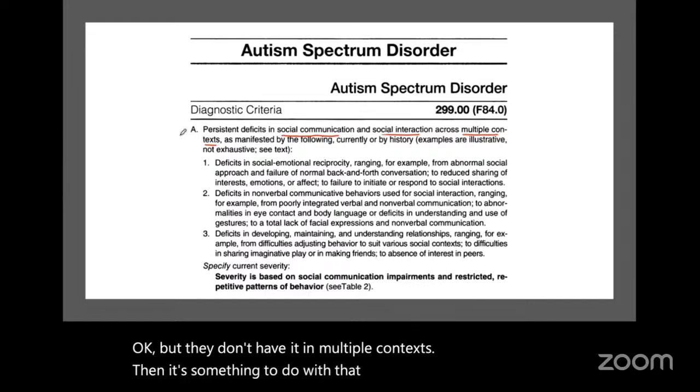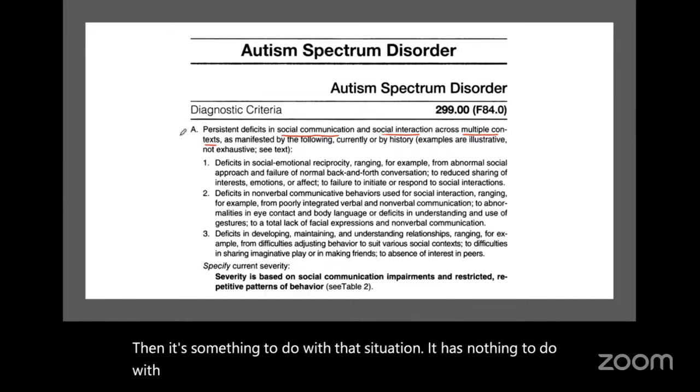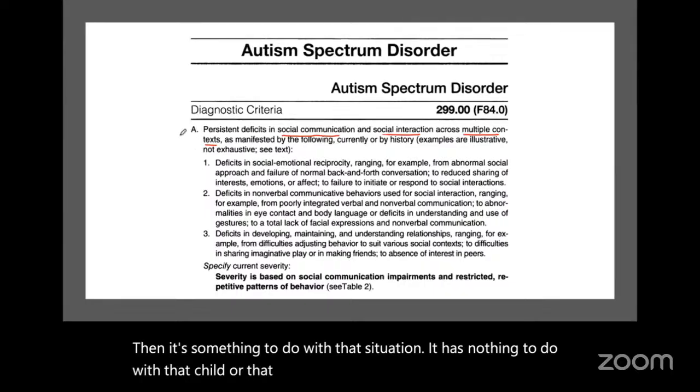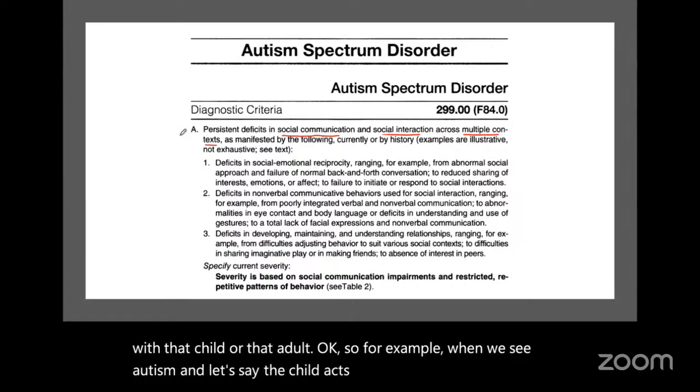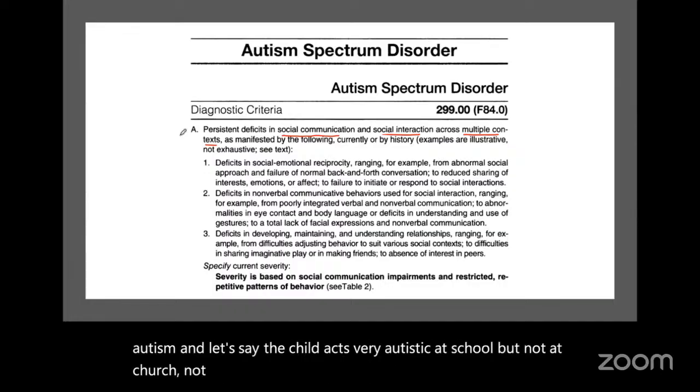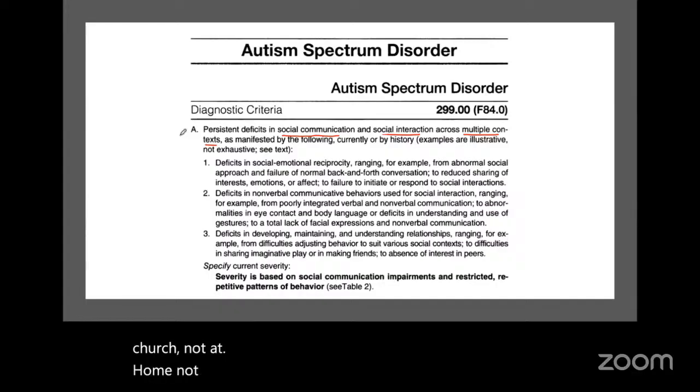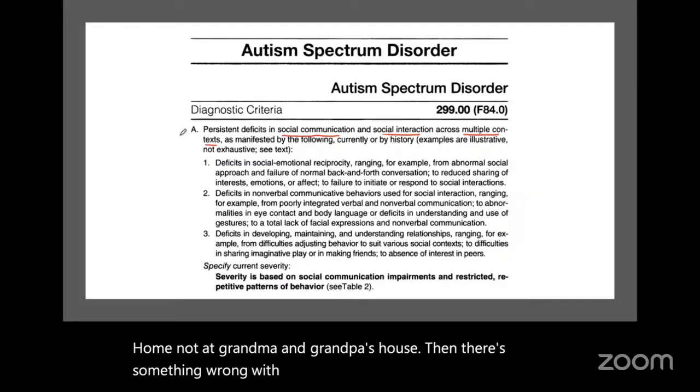It has nothing to do with that child or that adult. So, for example, let's say the child acts very autistic at school, but not at church, not at home, not at grandma and grandpa's house, then there's something wrong with the school setting, not with the child.